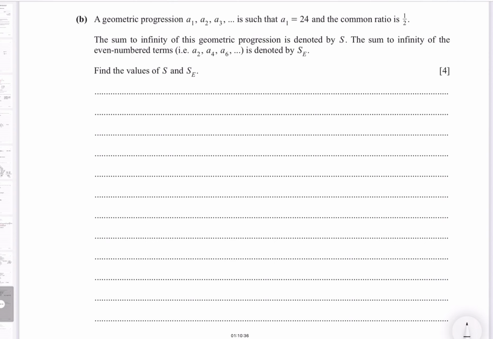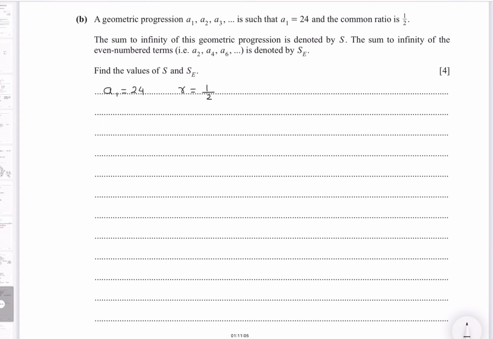Okay, B part says a geometric progression a1, a2, a3 is such that a1 equals 24 and the common ratio is 1 by 2. The sum to infinity of this GP is denoted by S. The sum to infinity of the even numbered terms a2, a4, a6 is denoted by SE. Find the values of S and SE.